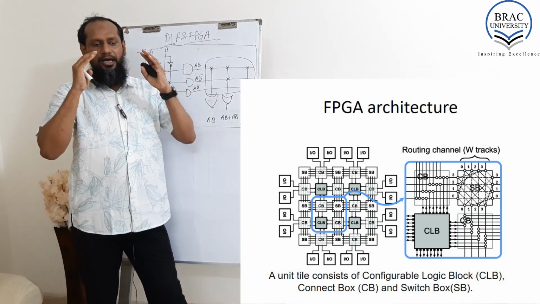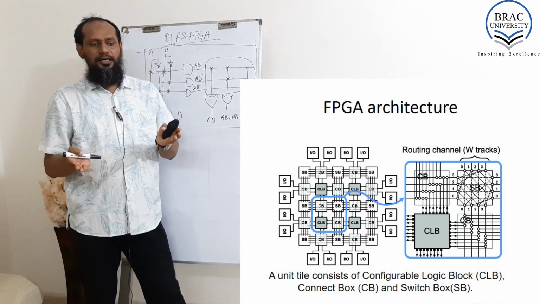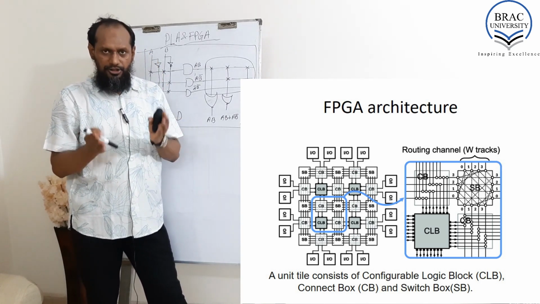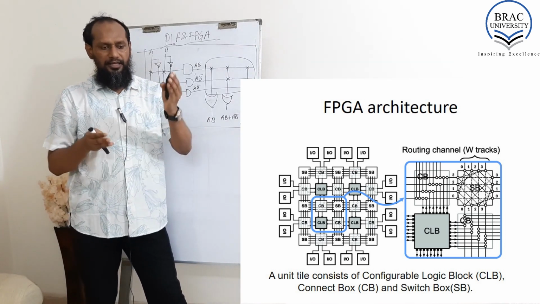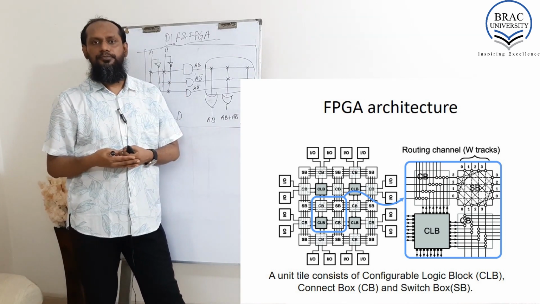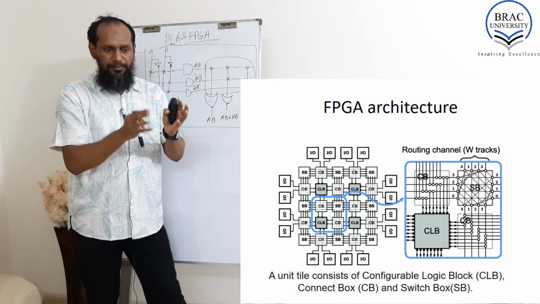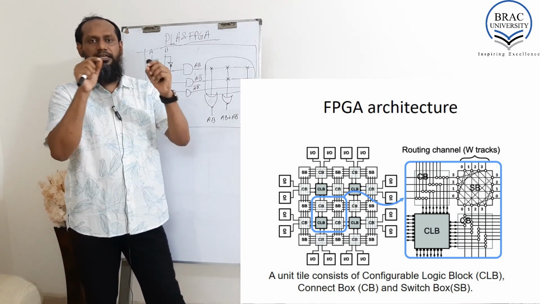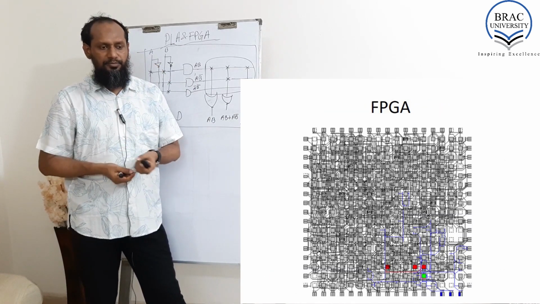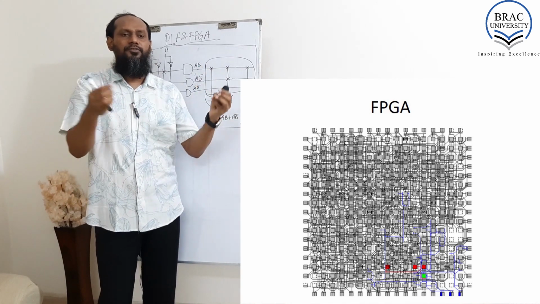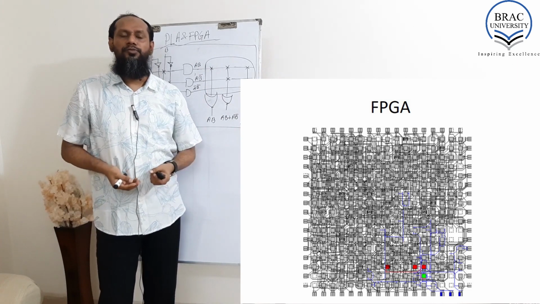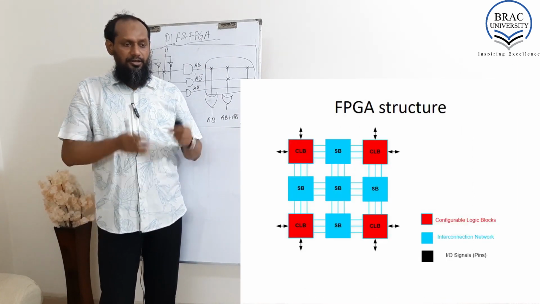CLB, that means configurable logic block, a connection box and a switch box. Actually the CLB and the switch box together work like a unit. So you can understand in an FPGA there are a number of this kind of CLBs, configurable logic blocks.